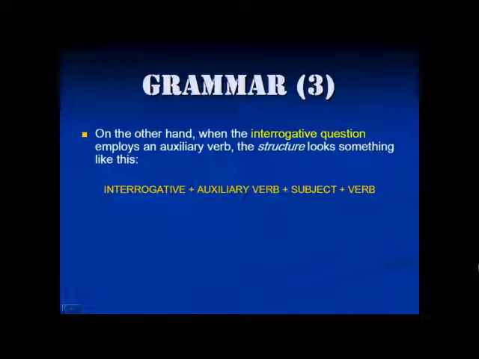Interrogative plus auxiliary verb plus subject plus verb.